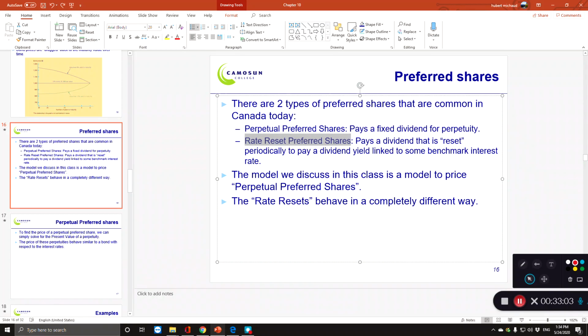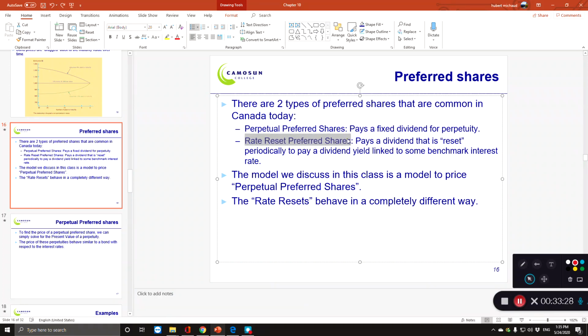Okay, and this is the reason I wanted to explain rate reset a little bit, because if you look at rate reset on the stock market, you go to buy rate reset preferred shares on the Toronto Stock Exchange, you're going to notice that they behave the opposite way of what you've learned in most of your card class about perpetual preferred shares. I've never seen another prof at Camosun, or even UVic, teaching rate resets, but this is really what is issued now.